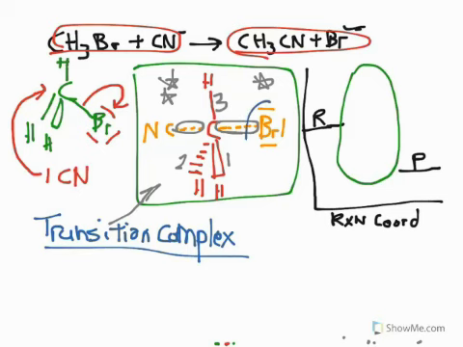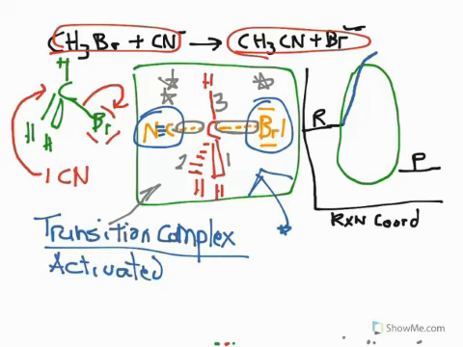As the bromine is leaving, the CN ion is coming in, forming a bond, making this high energetic system. So as the CN comes in, it starts to go up, up, up. And at the very peak, I form this transition complex. It's sometimes called the activated complex. So it's way up here, high in energy, and then it drops back down.